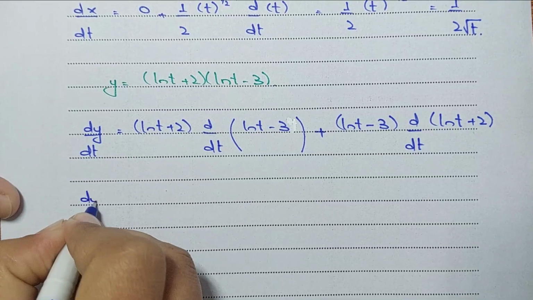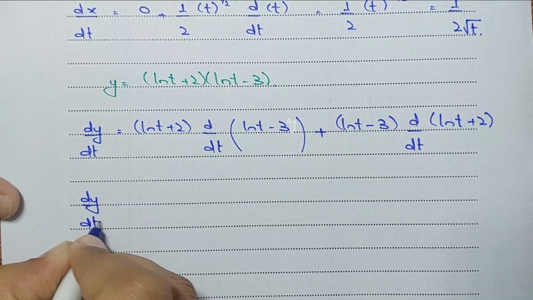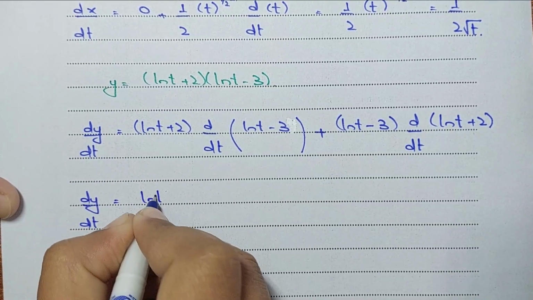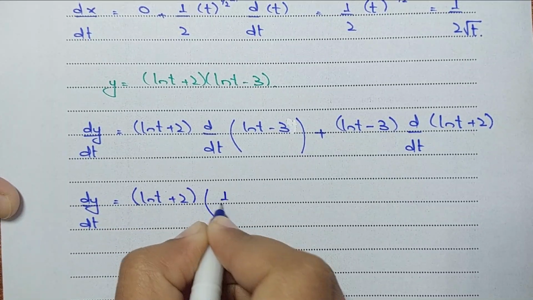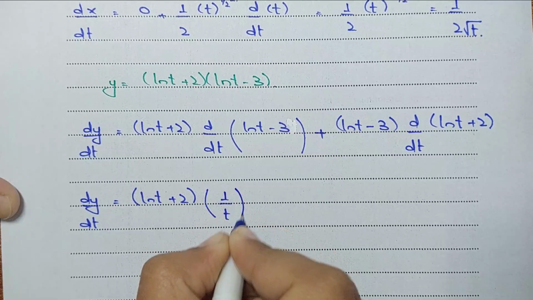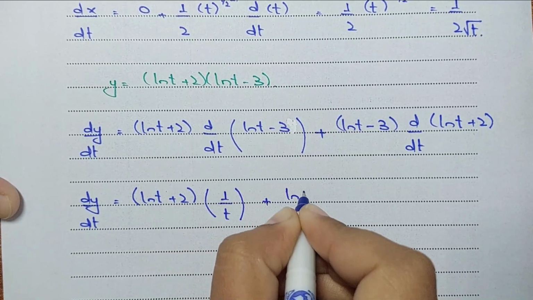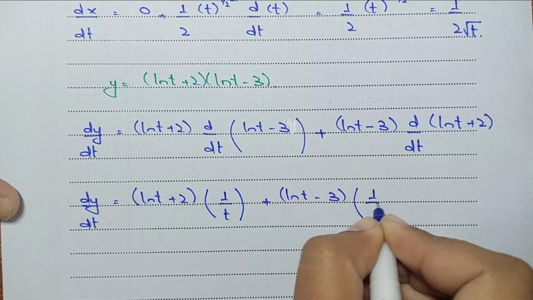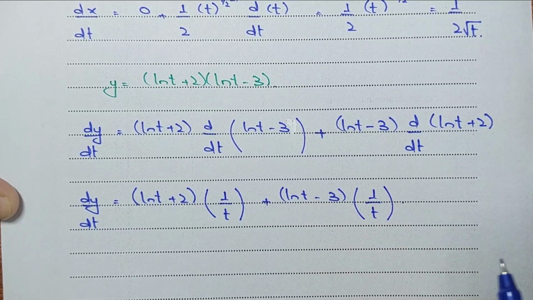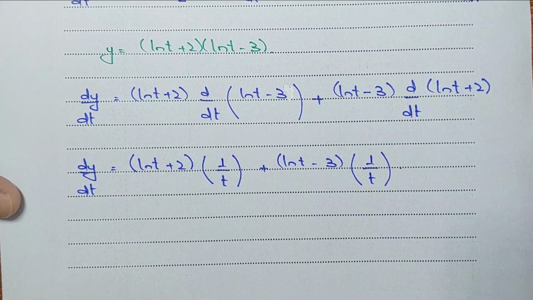Let me simplify. dy over dt: natural log of t plus 2, times the derivative of ln t minus 3, which is 1 over t, plus natural log of t minus 3, times the derivative of ln t plus 2, which is 1 over t, since the derivative of the constant 2 is 0.